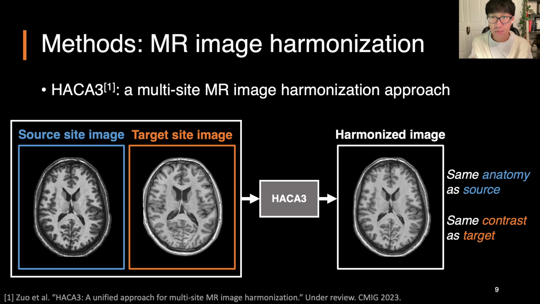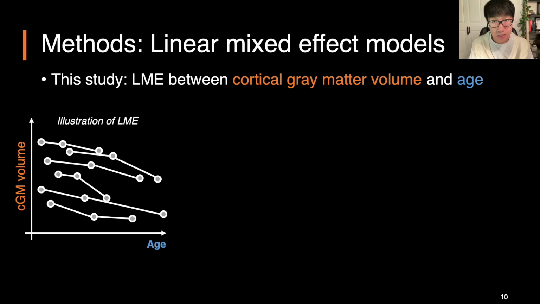And for the linear mixed effect models, we specifically focused on the statistical relationship between cortical gray matter volume and age. So on the left, we show an illustration of the LME model. On the x-axis is age, on the y-axis is the cortical gray matter volume.